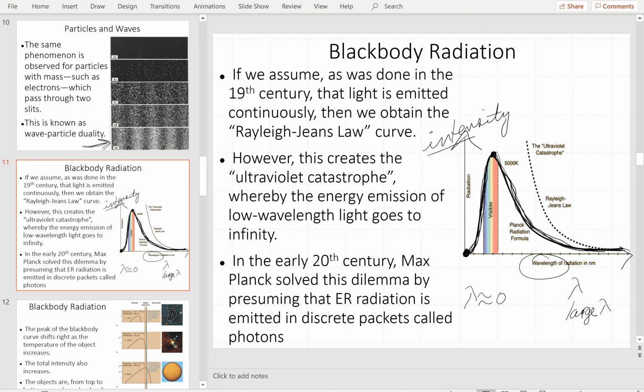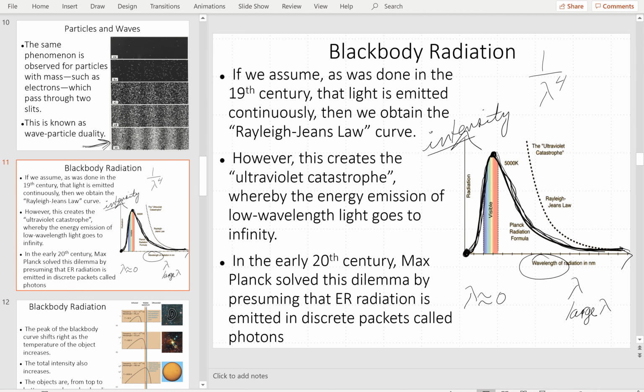This brings up an interesting point, however, because this is not what people thought they would see in the 19th century. In the 19th century, people had the conception that light was just a wave. And it turns out that if you apply the physics that corresponds to that idea, you end up predicting that the intensity of light emitted by the sun would be proportional to 1 over lambda to the 4th.